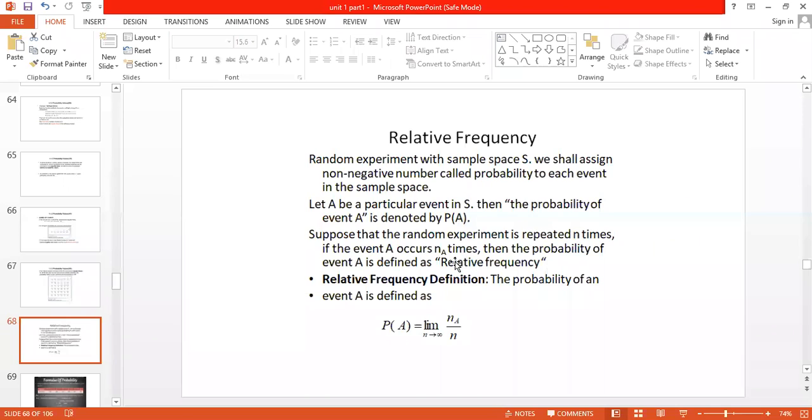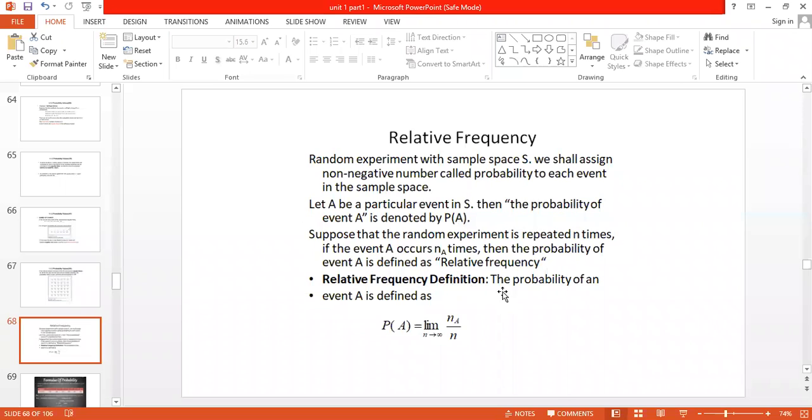If event A occurs Na times, then the probability of event A is defined as the relative frequency.